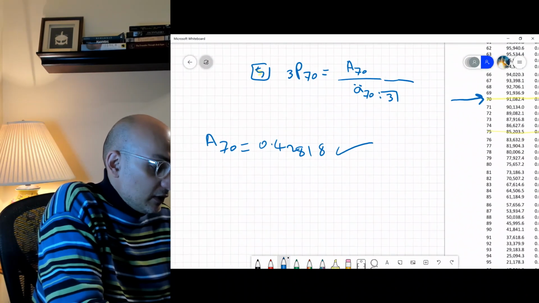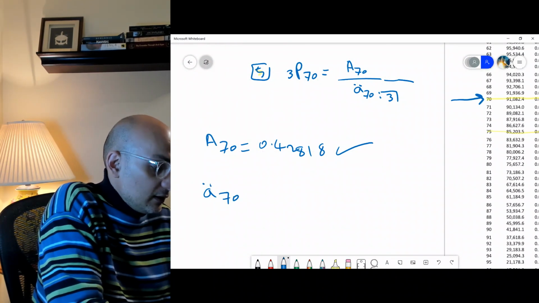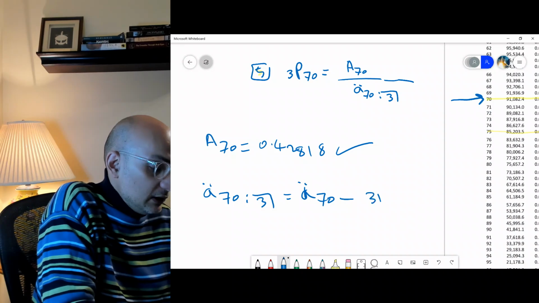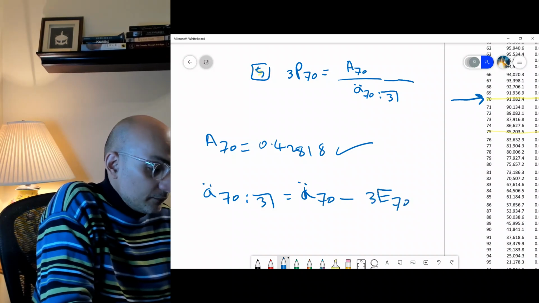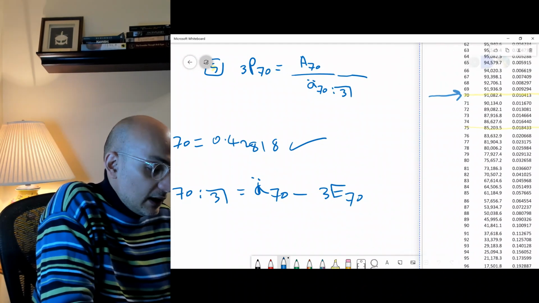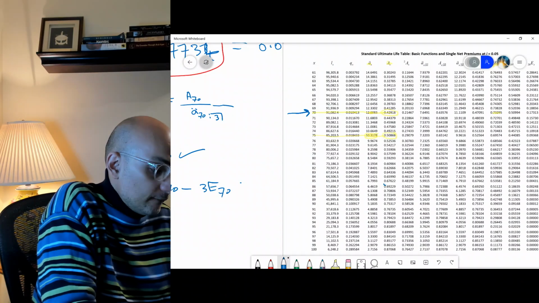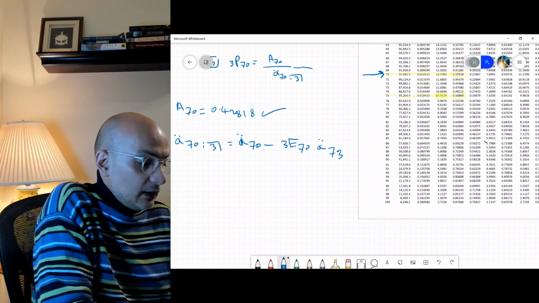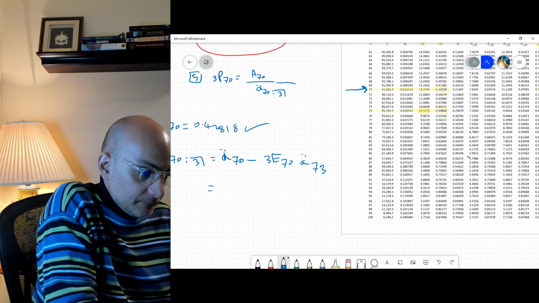Now we need to do the A73. The easiest way is to say A70 minus 3E70 multiplied by A73.